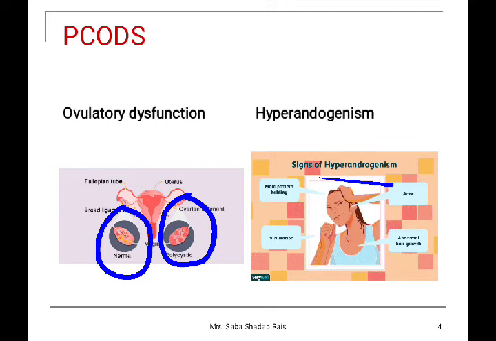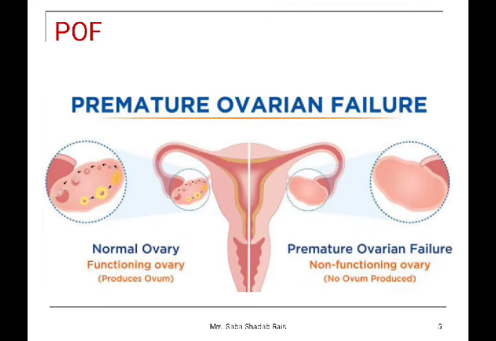I cannot say that PCO will go 100%, but still the further complications will not increase. Now let us go to the next disease, that is POF, premature ovarian failure. It is also called primary ovarian failure. It is when a woman's ovaries stop working before 40, right? Before 40.